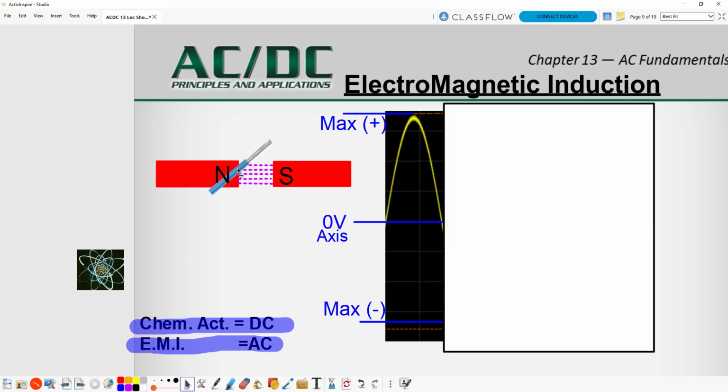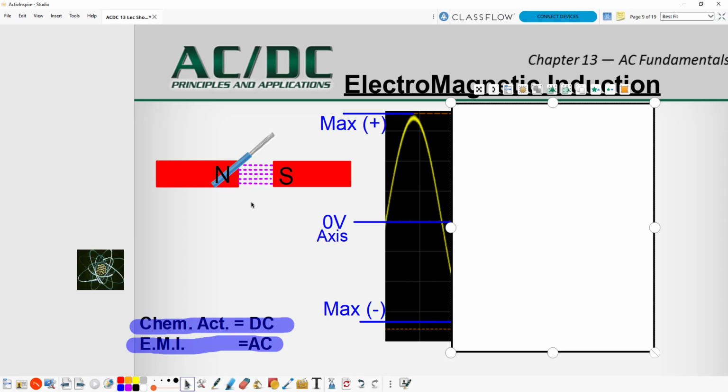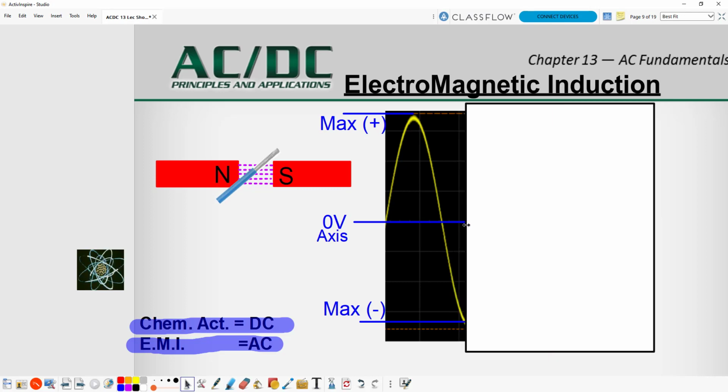So we're totally out of the magnetic field. Now we're going to reverse and come back through the magnetic field again, and we begin to cut a few lines of magnetic attraction until we get into the middle of the lines of magnetic attraction, and at that point we're producing the maximum amount of voltage because we're cutting the maximum number of magnetic field lines.